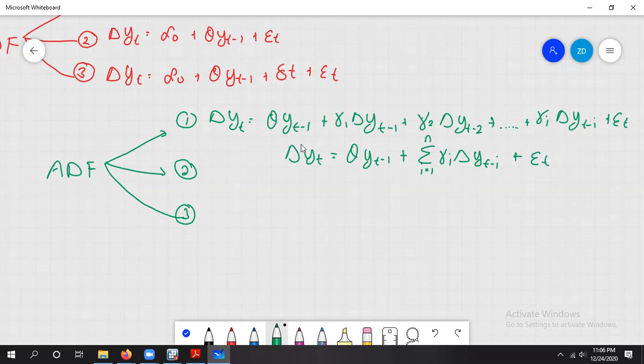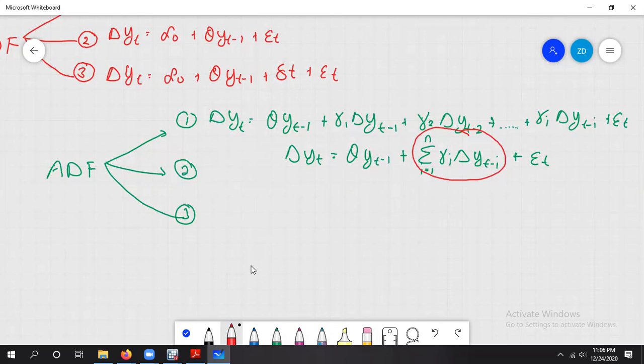So when we put the augmented terms, the differences of yt, it means that we are using the augmented Dickey-Fuller.